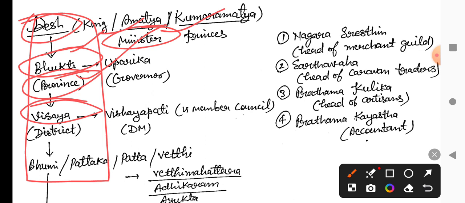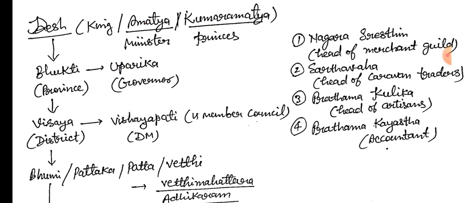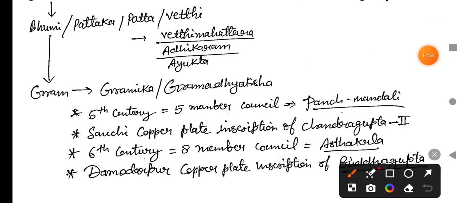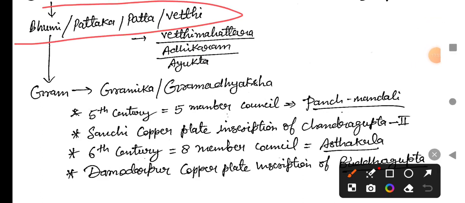So Visaya is the district, controlled by Vishyapati, like the district magistrate in present time. In each district, he was assisted by a 4-member council. The districts were divided into Bhumi, Pattak, Patta, Vithi.